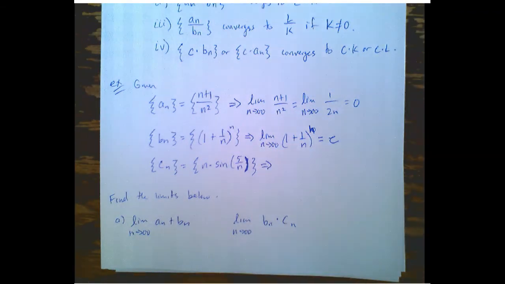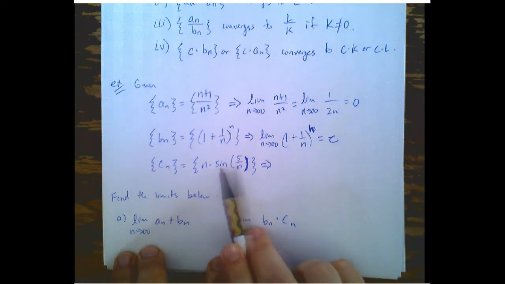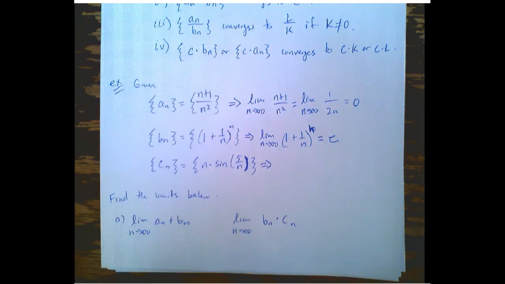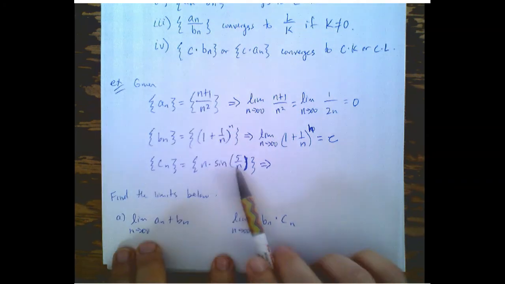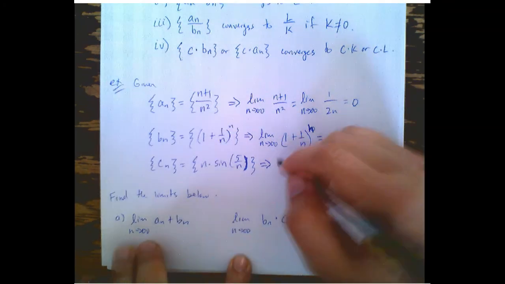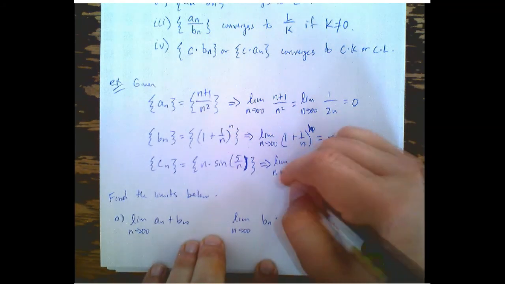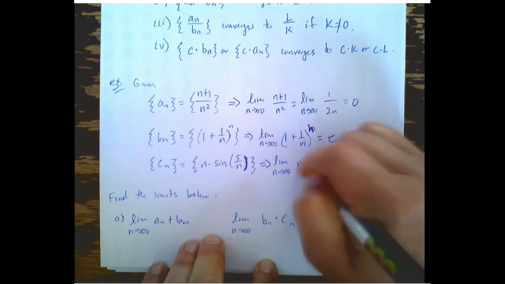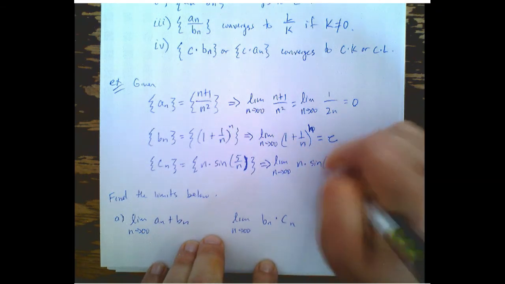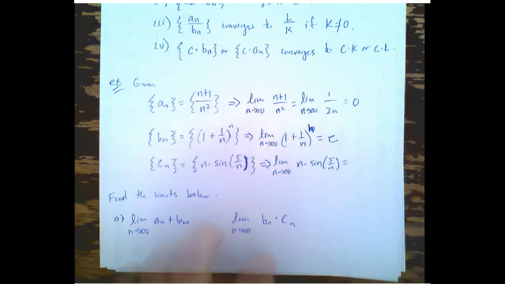Last one, we're going infinity times sine of 0. That would be 0, so this is infinity times 0, also an indeterminate form. We could apply L'Hopital's rule here, but let's just use Desmos. This is the limit as n goes to infinity of this guy. Let's see what we get.